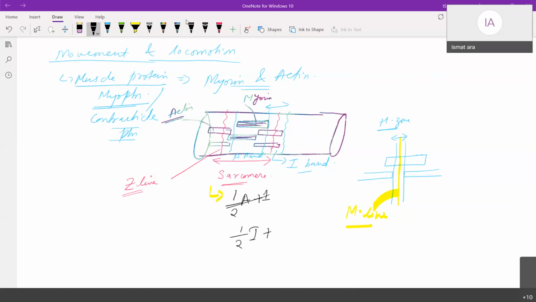wait a minute, where is the eraser? Where is the eraser?